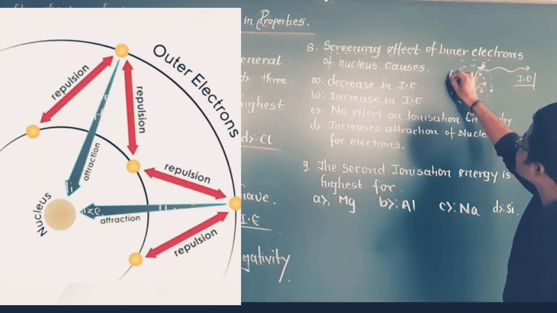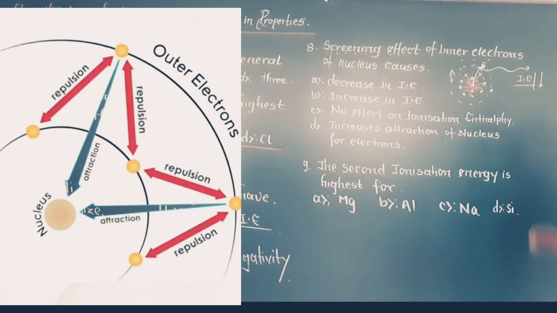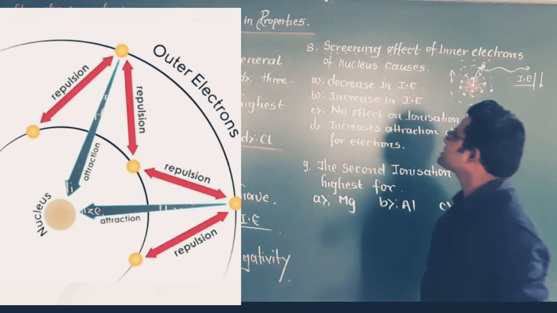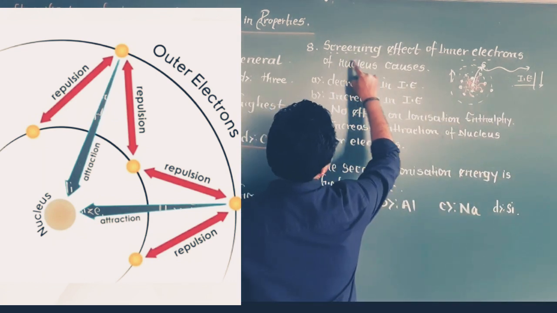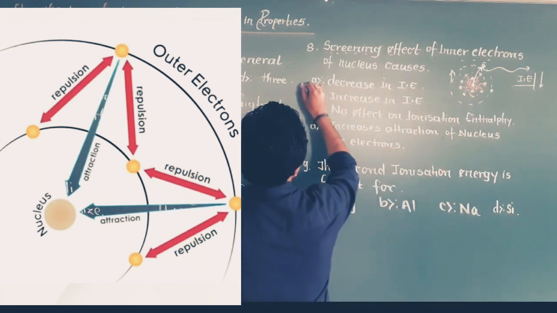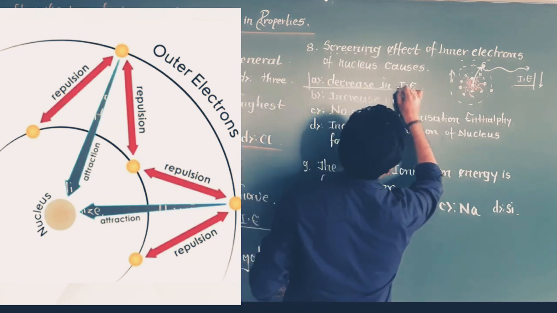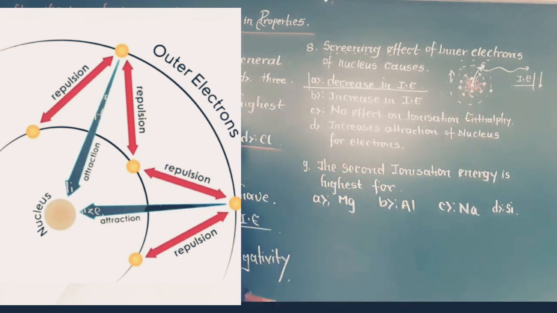Therefore, greater the shielding effect, lower is the ionization enthalpy. So screening effect of inner electrons of nucleus causes a decrease in ionization enthalpy.